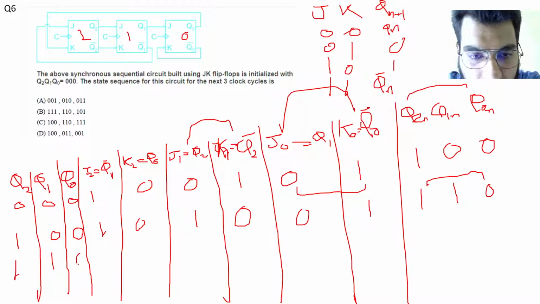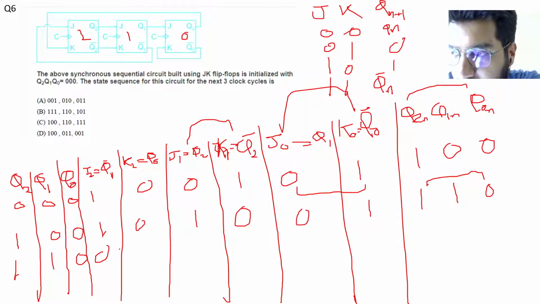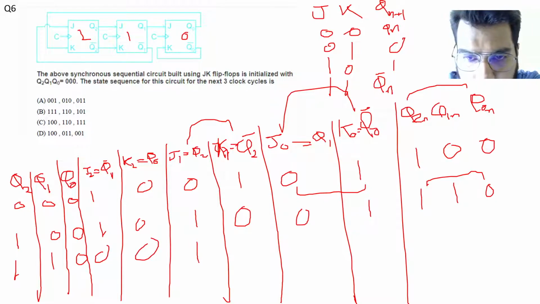This is our third cycle. So the third cycle output will be, so inputs first. Let's show the inputs. J2 is Q1 complement, so it will be 0. Then K2 equal to Q0, which is 0. Then J1 equal to Q2, it is 1. Then K1 is Q2 complement, which will be 0.